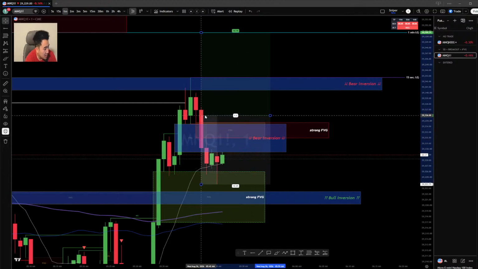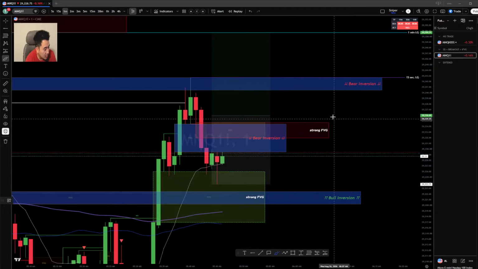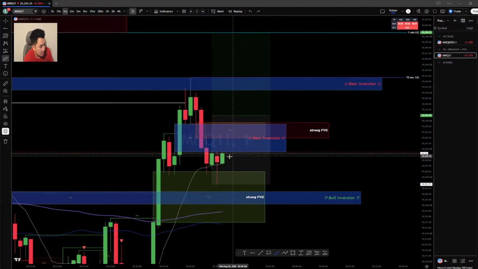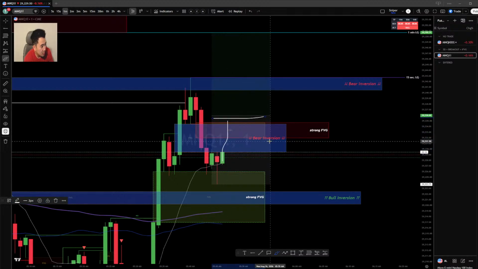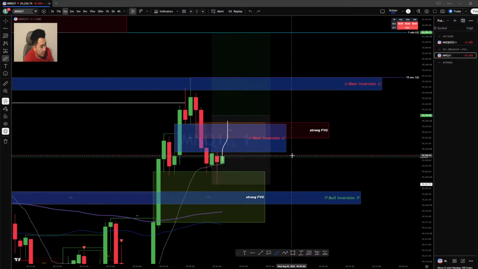Let's see what happens. I do want all this to be broken, deleted. I want a good candle push up, close above here, above this gap.